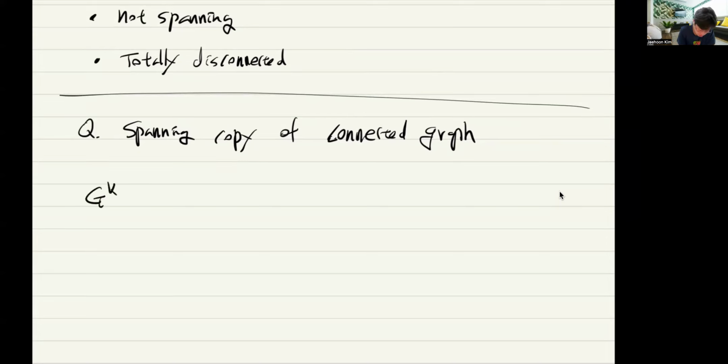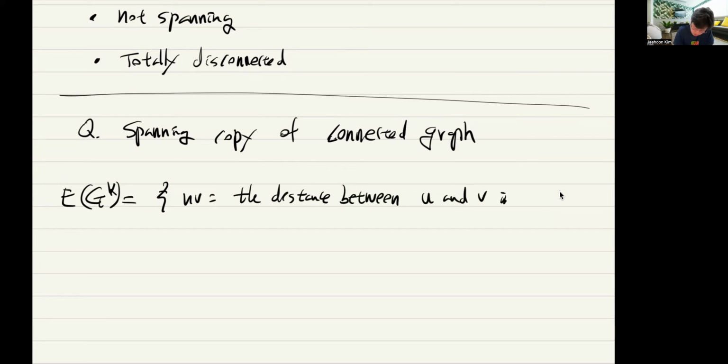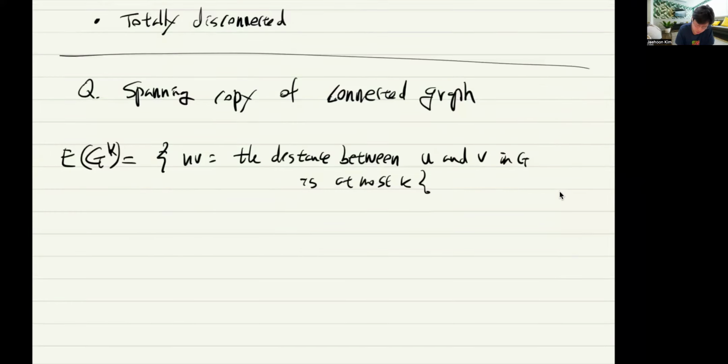So what's the k-th power? This is the graph where we add an edge between any vertices u and v whose distance in G is at most k.